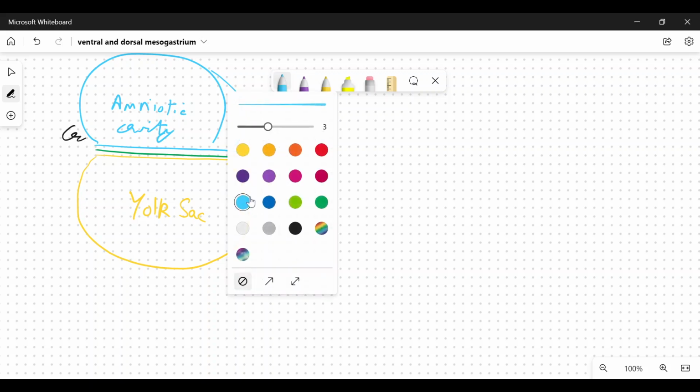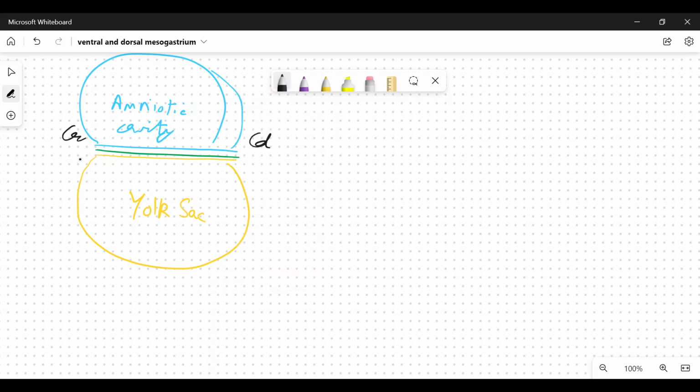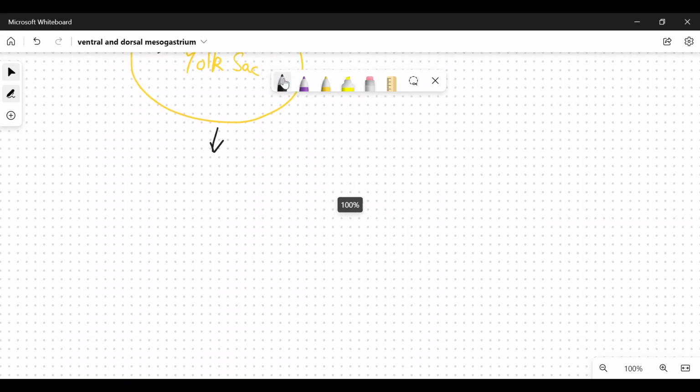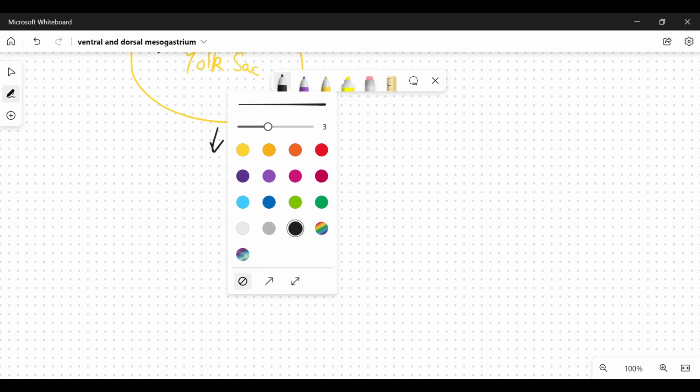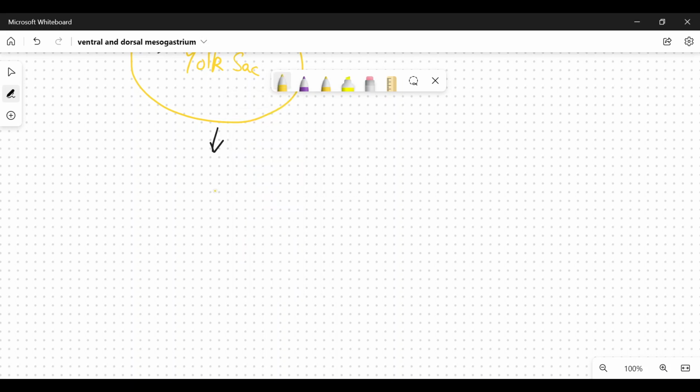Now, when the head fold and the tail fold form and the embryonic disc folds like this, what will this lead to? This will lead to conversion of the endoderm from a flattened layer to this cylindrical structure which retains its communication with the yolk sac, right? And I'm not drawing the mesoderm and the ectoderm here now.